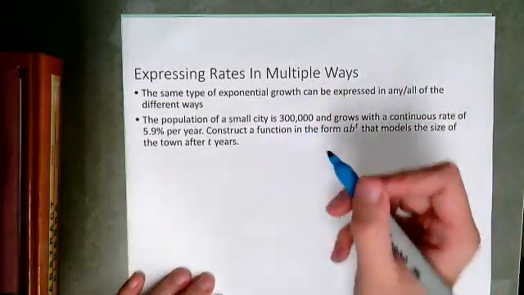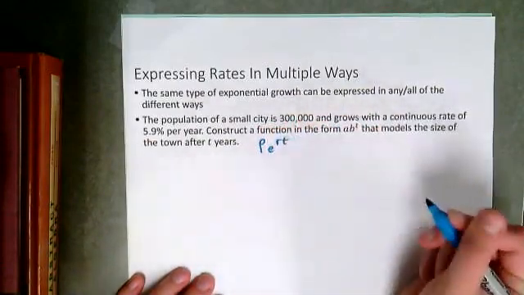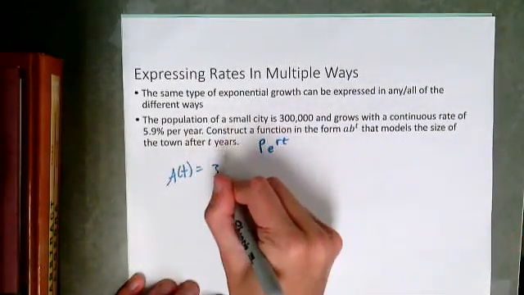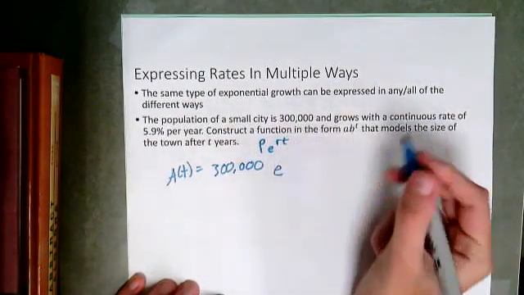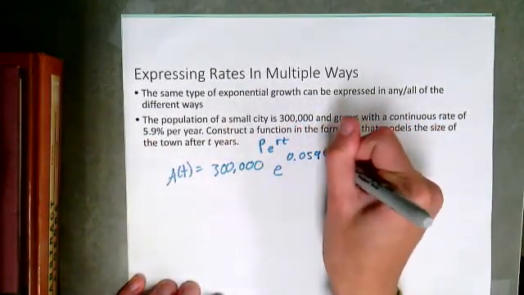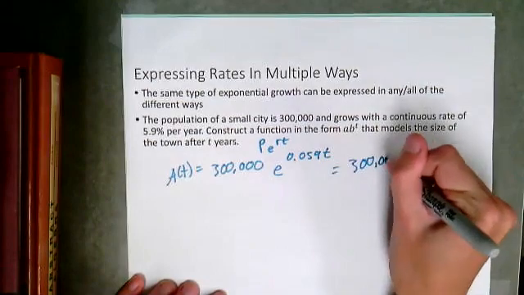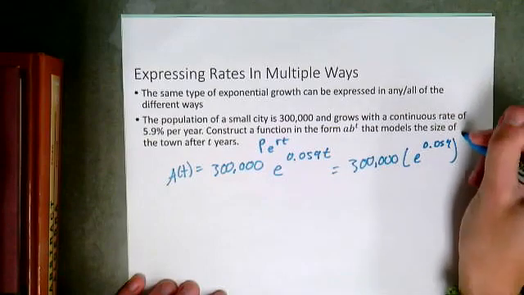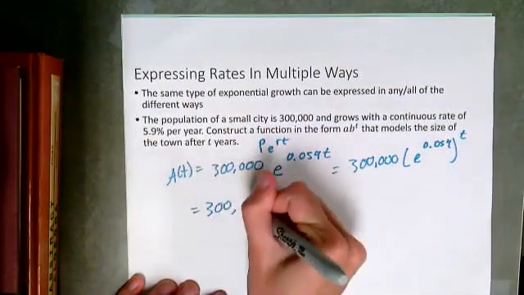we want to get to here, but we have a continuous growth rate. So it's going to be PE to the RT is what we're going to start with. So A of T is going to be, well, we start off with 300,000 times e to the 0.059 times T. This is 300,000 times e to the 0.059 raised to the T. Keep writing this 300,000 again.